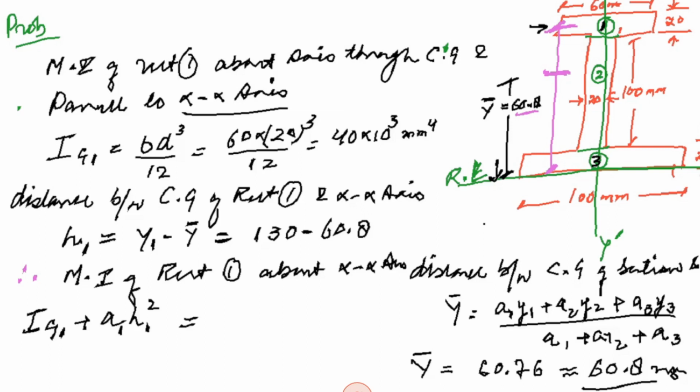You know IG1, which is bd cubed by 12, that comes out to be 40 into 10 raised to the power of 3, plus area 1, A1, which will be 60 into 20, 1200, into h1 squared. How much is h1?